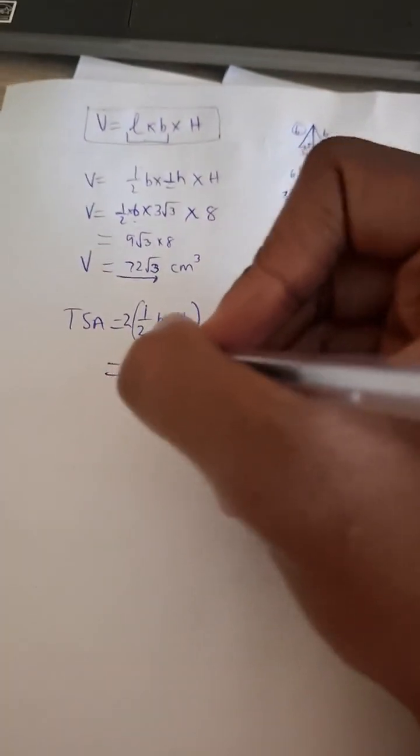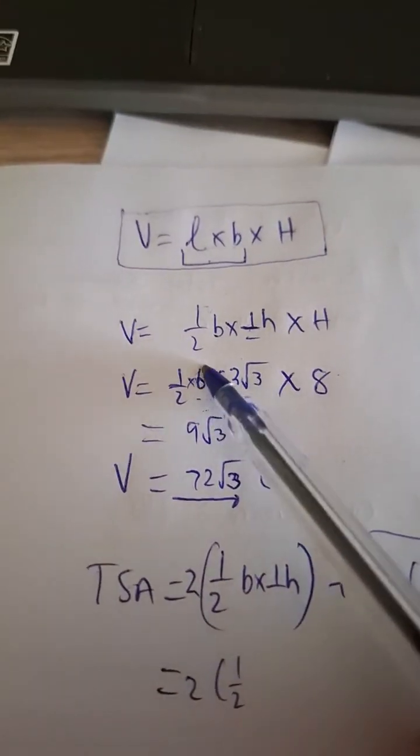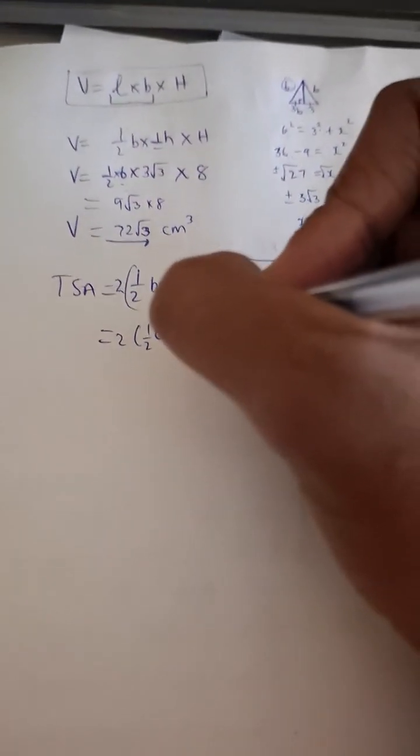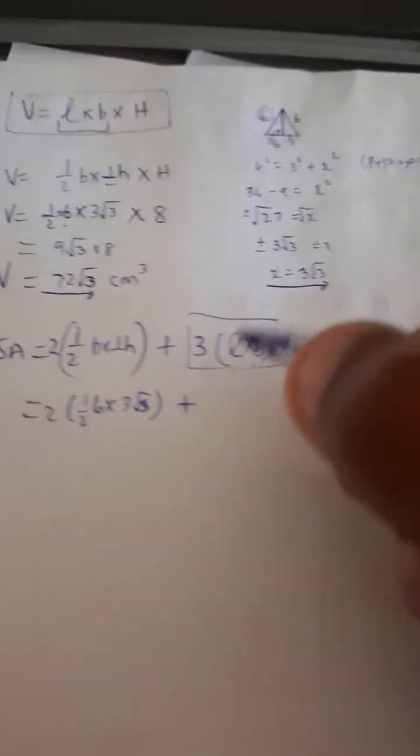So let's substitute 2 times half. Let's go to my triangle. Remember, my triangle is half base times height, but that half base times height I'm talking about is 6 times the 3 root 3. So we say 6 times 3 root 3, okay, plus 3 into, now the length times the breadth we are talking about.